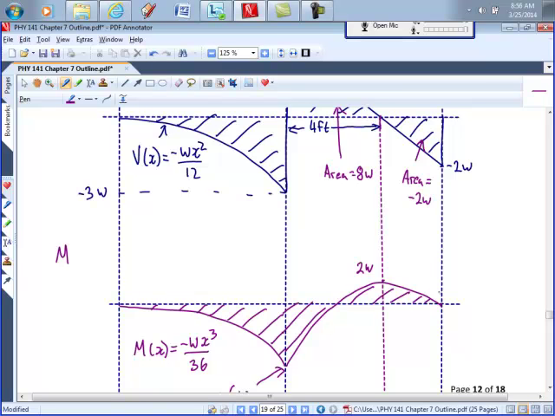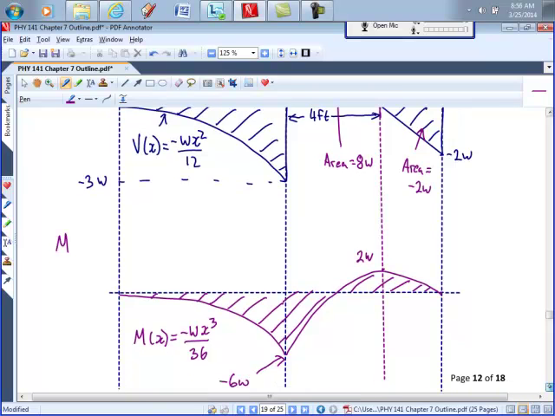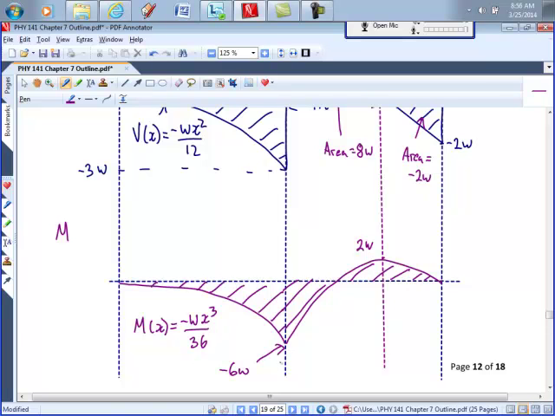So where's my maximum bending moment? Well, it's going to be at 6 feet, and it's going to be 6w. The sign doesn't matter. And our maximum bending moment must be less than or equal to 30 kip feet.